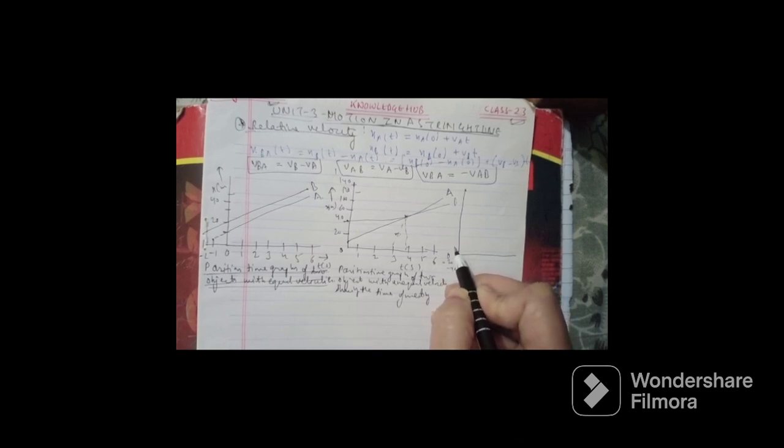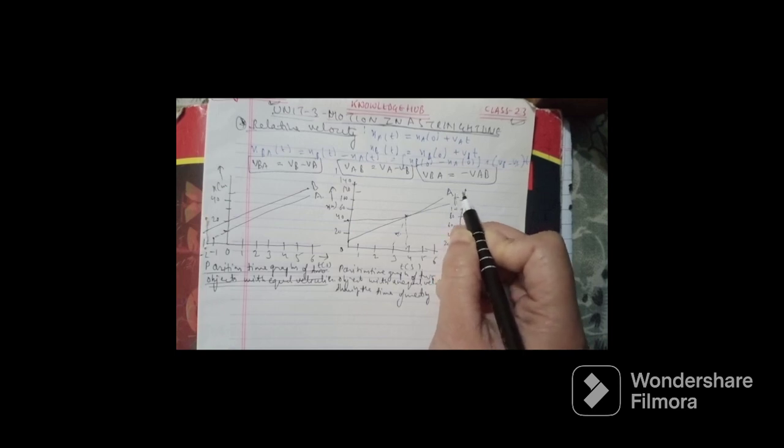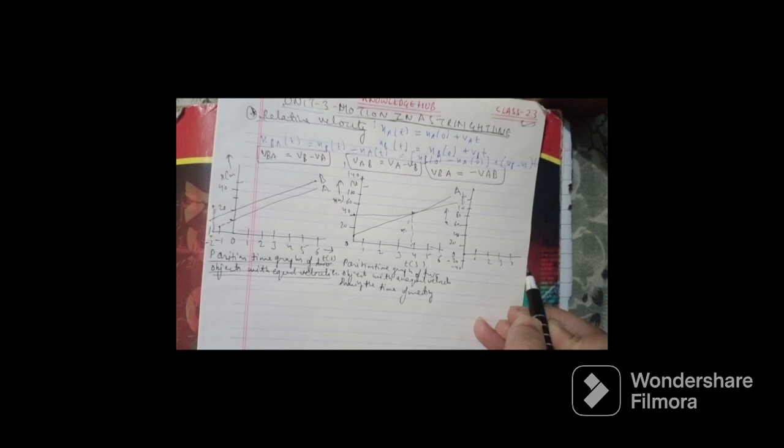This is 20, 40, 60, 80, 100, 120, then so on. Okay, this is X in meters, and here it is 1, 2, 3, 4, and then 5, then we have your 6. Okay, this is of t of second.